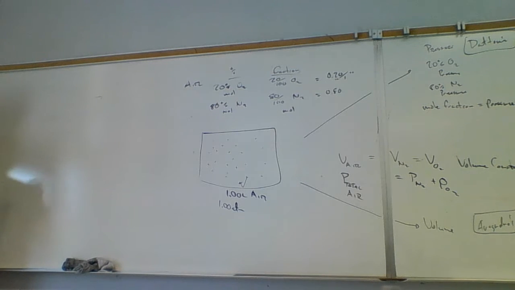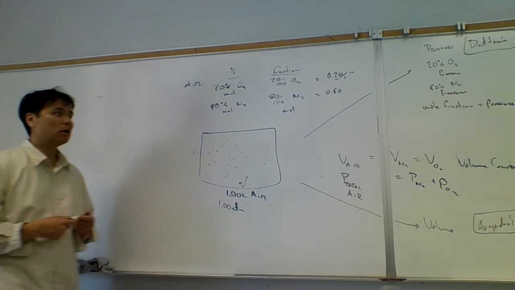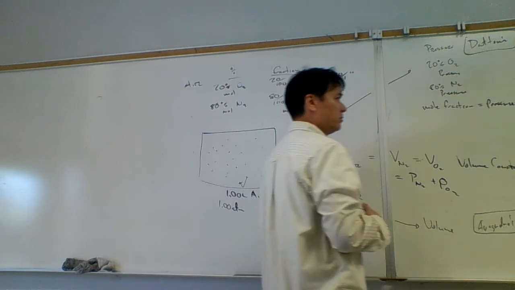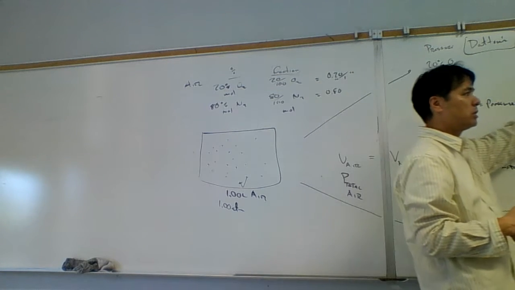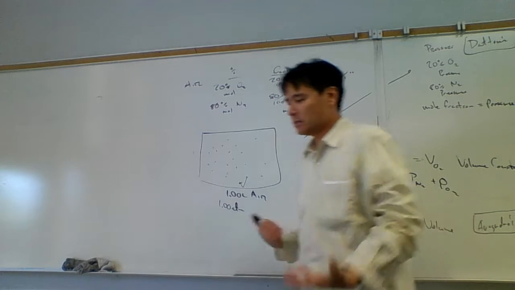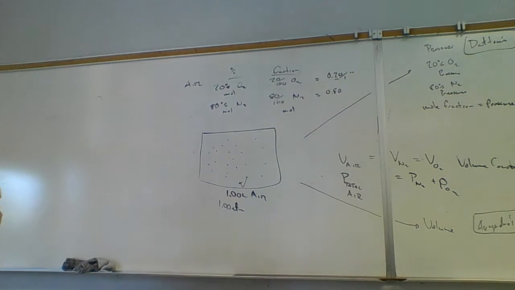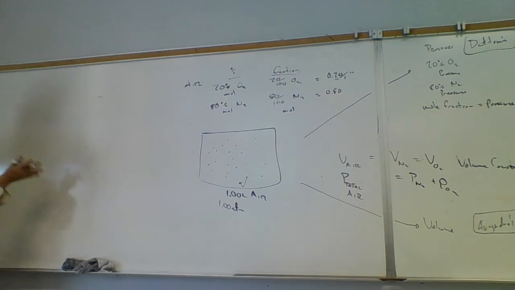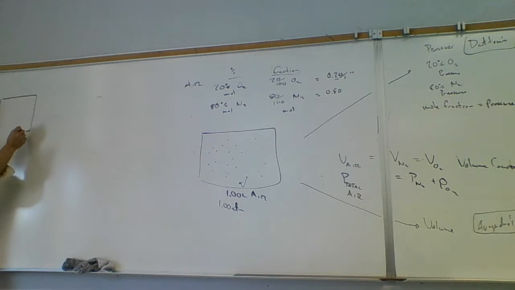If I take 1 liter of air, how much nitrogen do I have? According to Dalton, if I take 1 liter of air, I have 1 liter of nitrogen at 0.8 atmospheres. If I look at the exact same mixture and I have 1 liter of air under Avogadro's, then I don't have 1 liter of nitrogen. Under Avogadro's, I have 0.80 liters of nitrogen.